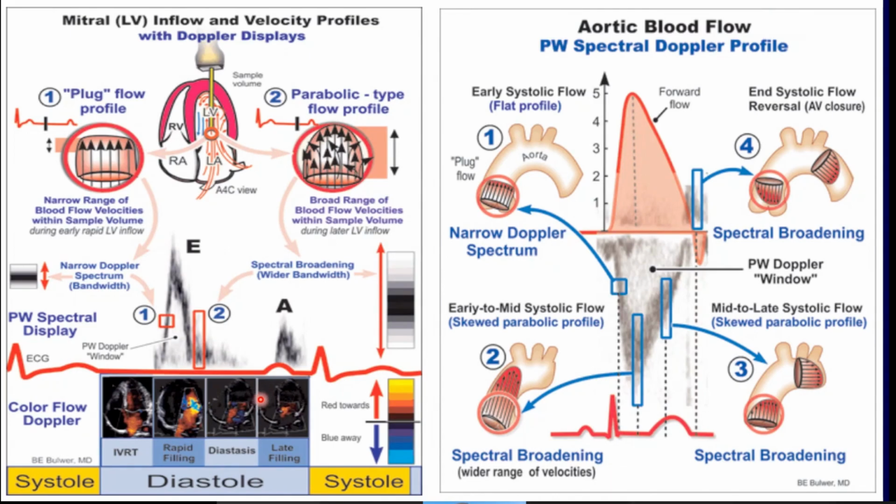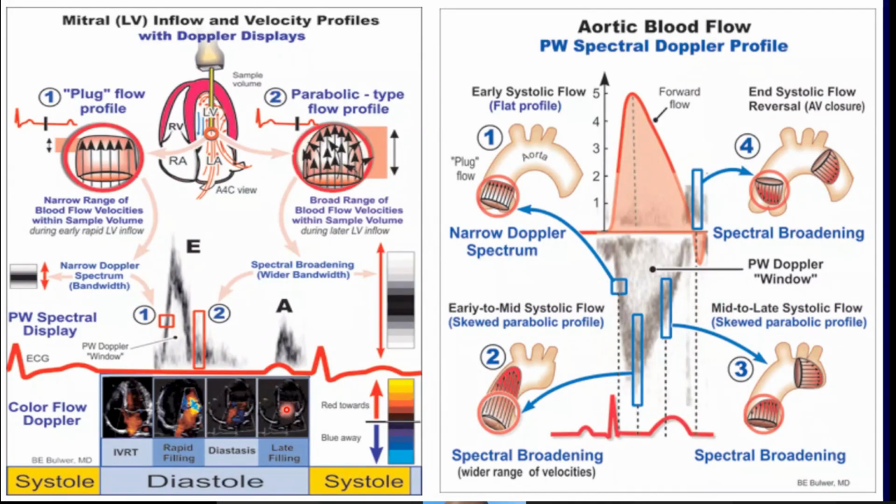And towards the end of the diastole, the atrium contracts and contributes to the remaining 20% of the left ventricular filling. So 80% is contributed by the passive filling of the left ventricle during the early diastole, which is called the E wave.